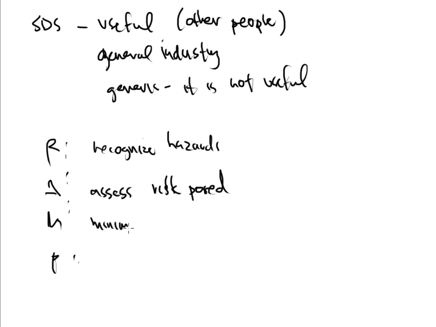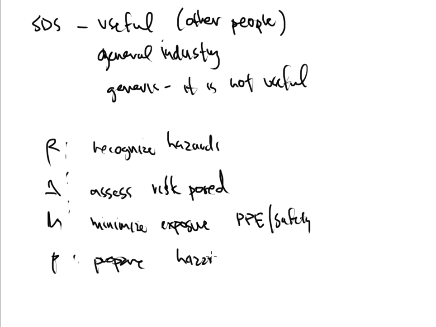M is going to be minimize. Well, what do we want to minimize? Well, we minimize the exposure by using proper PPE and safety equipment. And then P is prepare. And we're going to prepare based on the hazard and exposure levels.